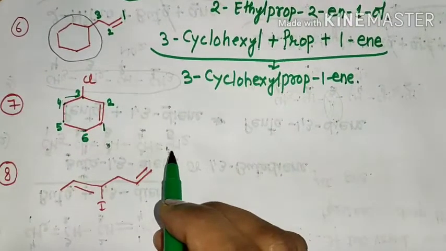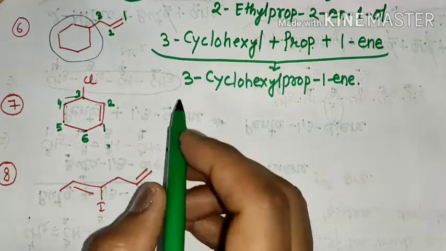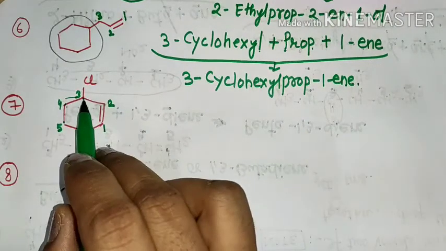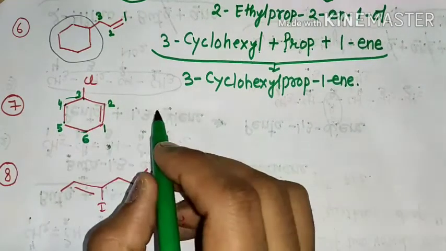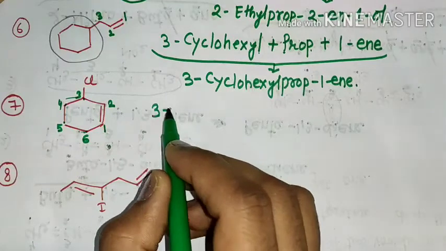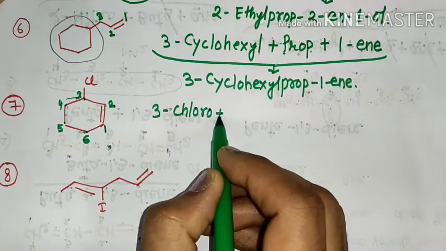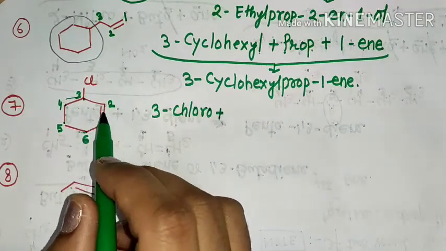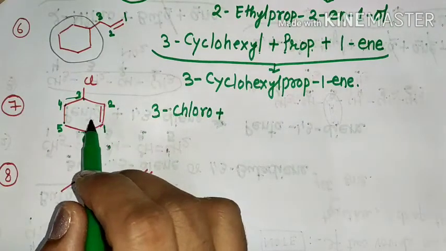After numbering, it's time to write its IUPAC name. So first of all, we will write secondary prefix, and in this case the secondary prefix is chloro and it is present at position number 3. So we will write 3-chloro plus primary prefix. Primary prefix is, if the selected chain is cyclic, we will write cyclo.